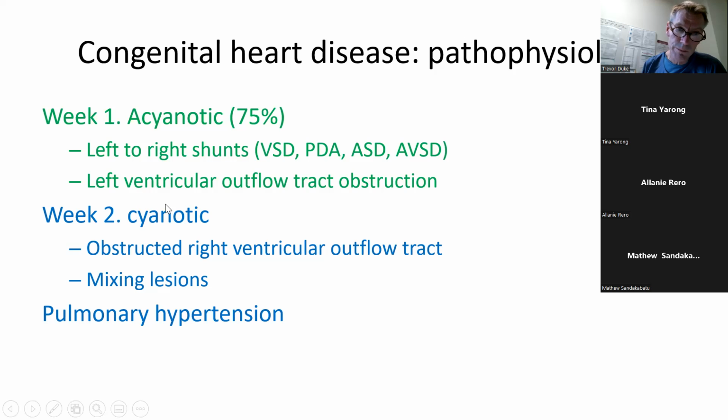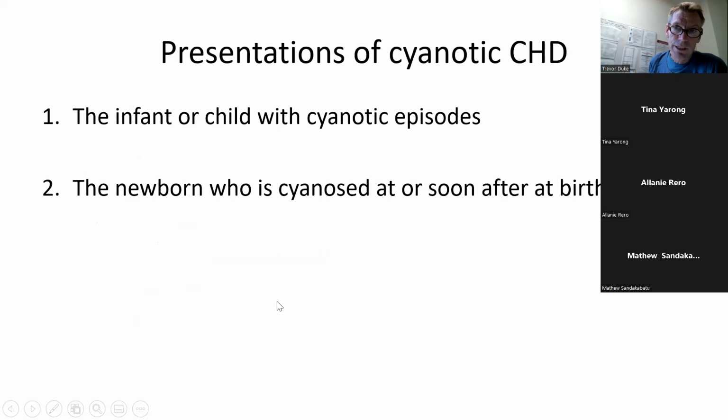So we'll be talking about the child who's cyanosed, and just like it's important to know how a VSD typically presents, it's also important to know how cyanotic heart disease presents. And it presents in two major ways. The first one is the infant or the child who has cyanotic episodes.